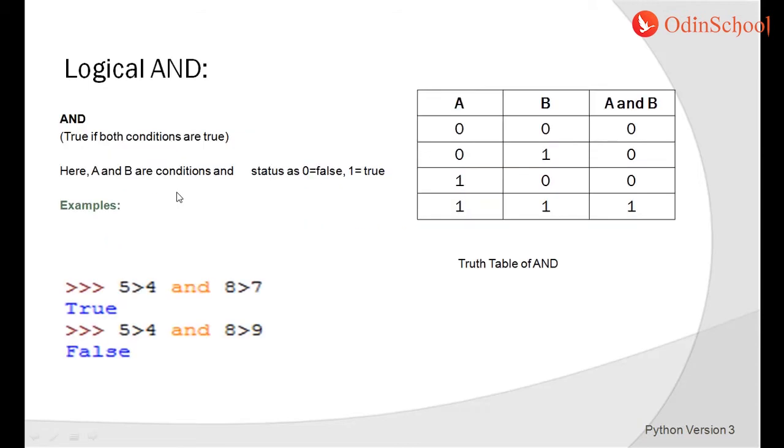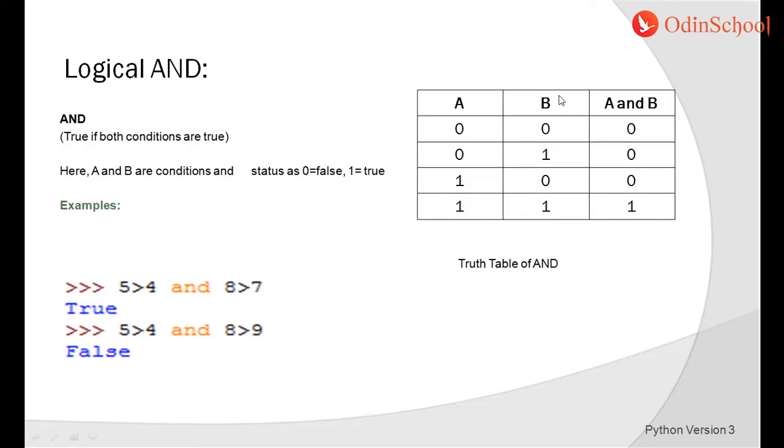I'll show you here. Here you can see a equals 0 and b equals 0. Just consider 0 as false and 1 as true. So when we have 0 0 values and use this AND logical operator, it returns the result as 0. For 0 1 and 1 0, both give a result of 0.